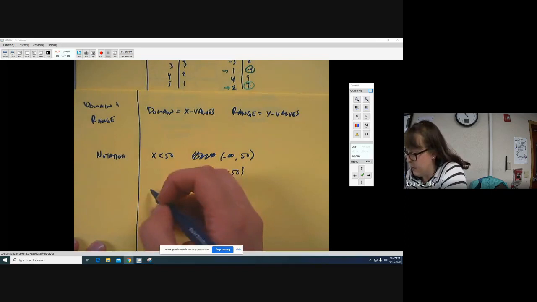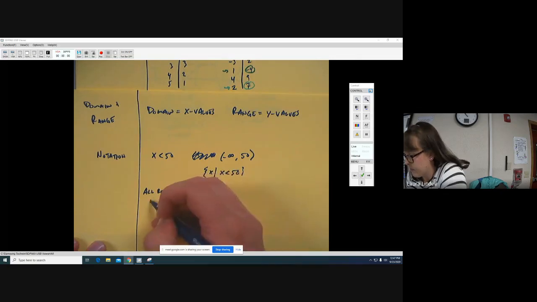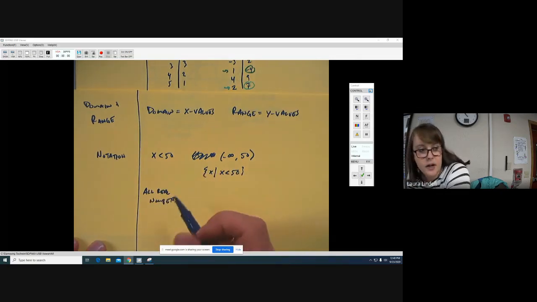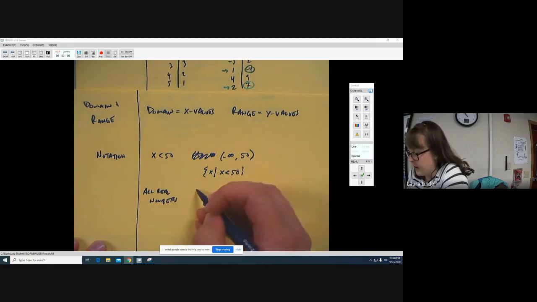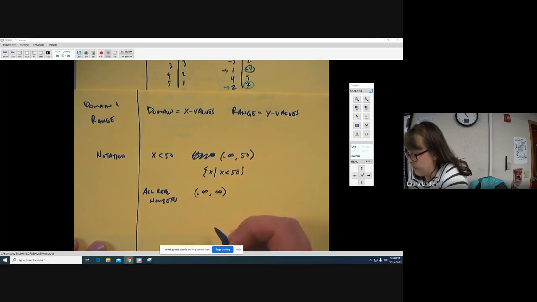Another example would be if I wanted to say something about, like, maybe my domain is all real numbers. One way that you can talk about all real numbers is just by saying all real numbers. But the interval notation way of saying it is negative infinity to positive infinity.